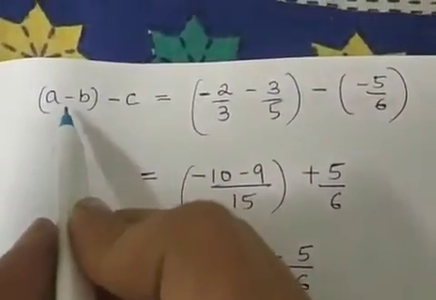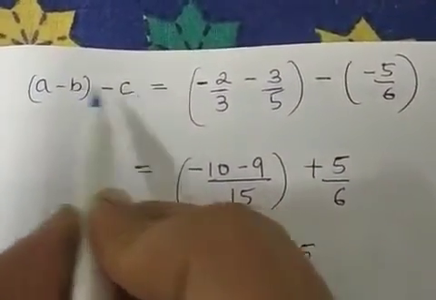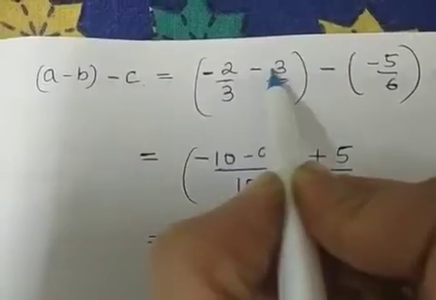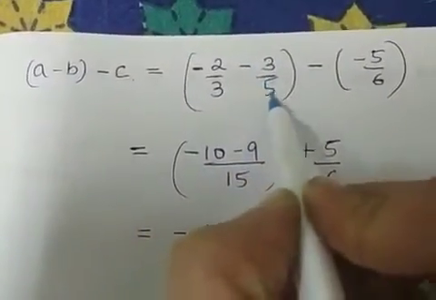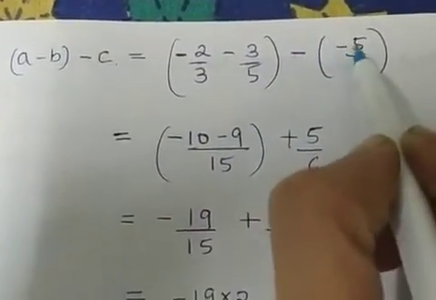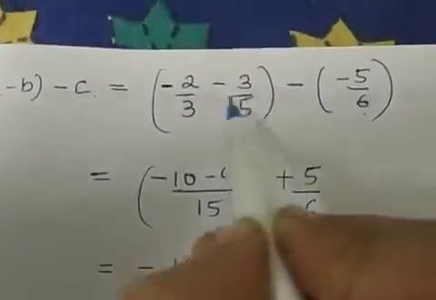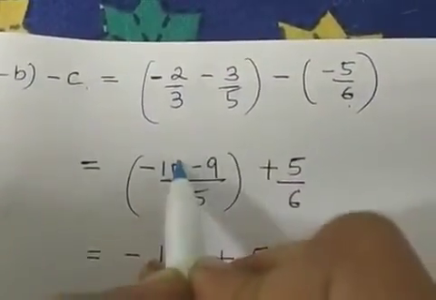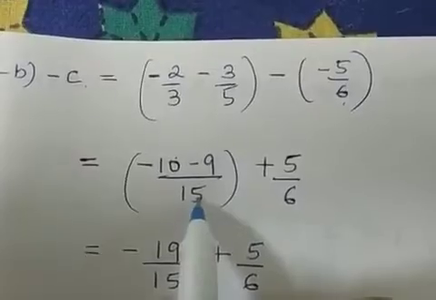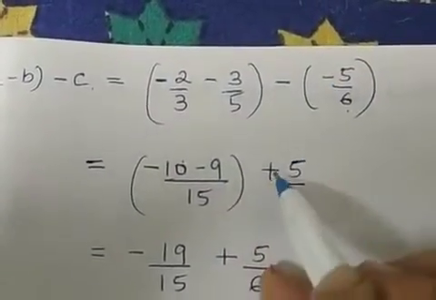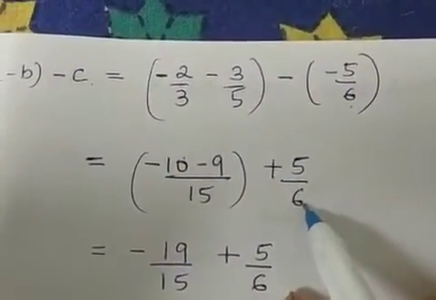Now let us see (a - b) - c. So a is minus 2 upon 3, minus b which is 3 upon 5, minus c which is minus 5 upon 6. When you solve this, you get minus 10 minus 9 upon 15. Minus minus becomes plus, so plus 5 upon 6.